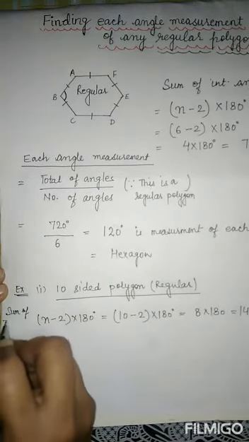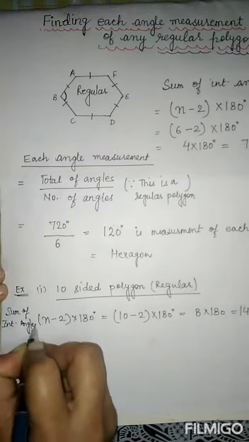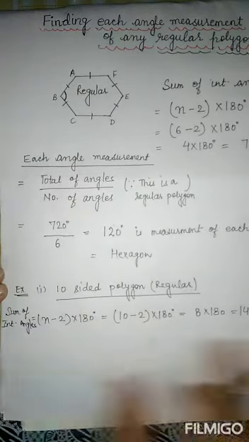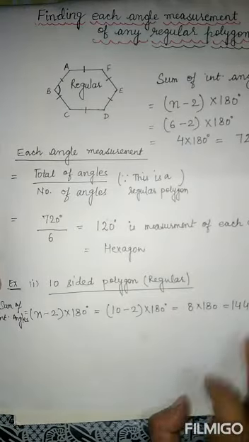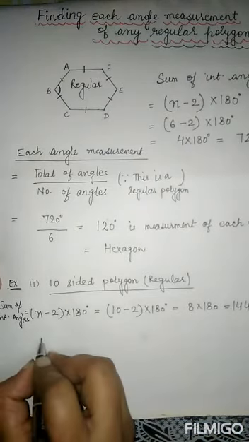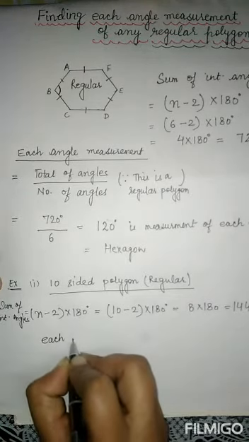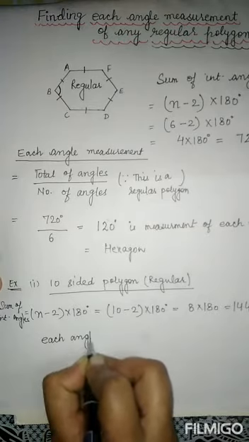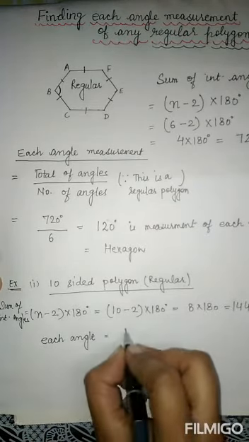This is the total sum of interior angles. The sum of all interior angles is 1440. Now to find the measurement of each angle, if the polygon is regular, what is the formula?